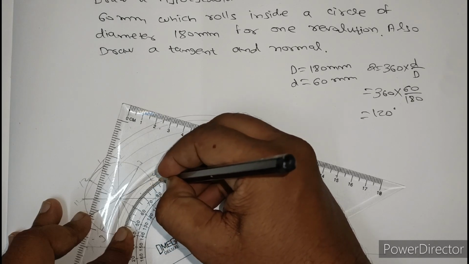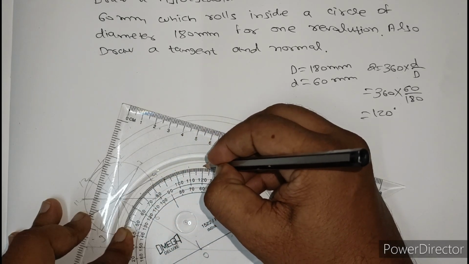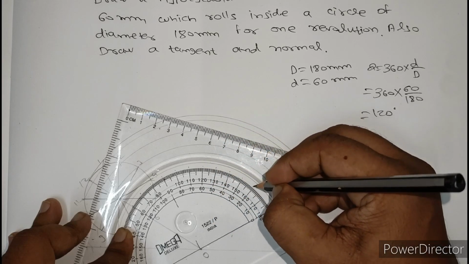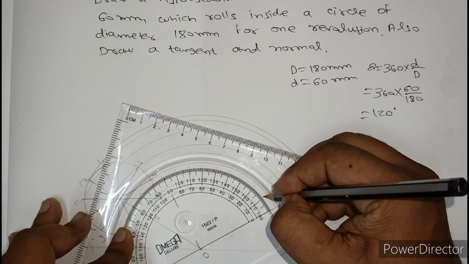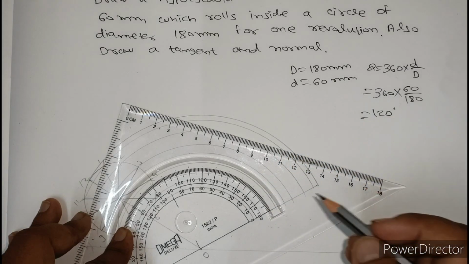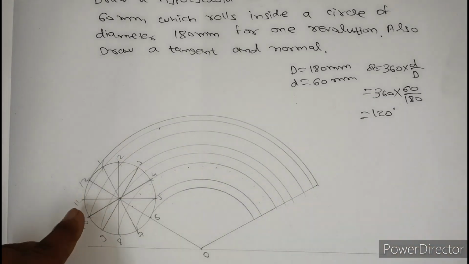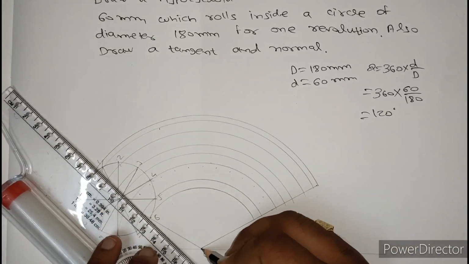Ten, 20, 30, 40, 50, 60, 70, 80, 90, 100, 110 and 120. Now students, what you have to do? You have to draw the line up to the center of the circle.